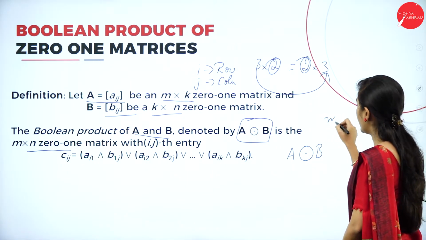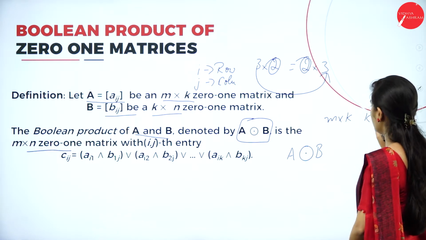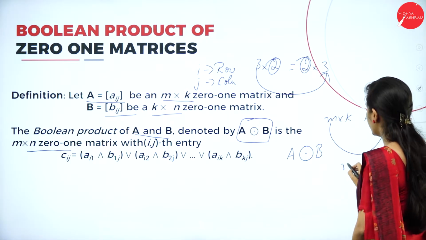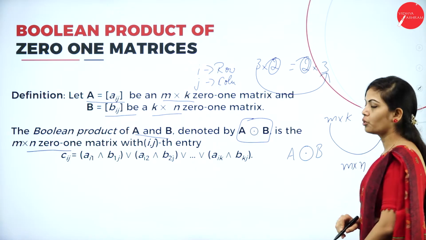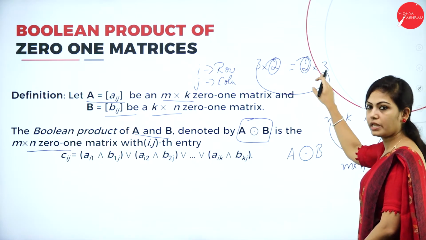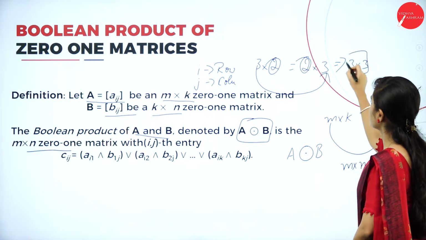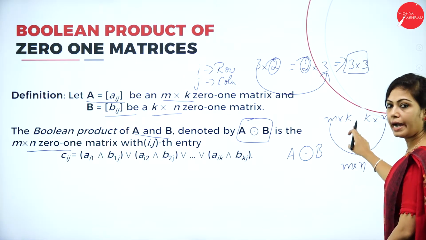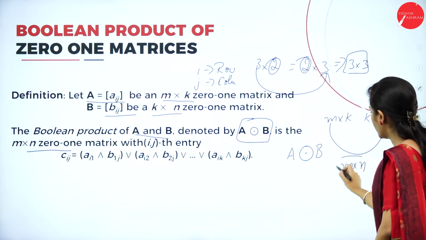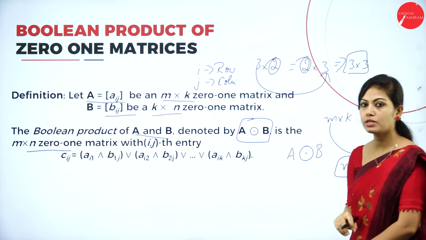So if your matrices are m cross k and k cross n, finally you will get an m cross n 0-1 matrix. If you have a 3 cross 2 matrix and a 2 cross 3 matrix, the final answer will be a 3 cross 3 matrix. And how to simplify this m cross n?